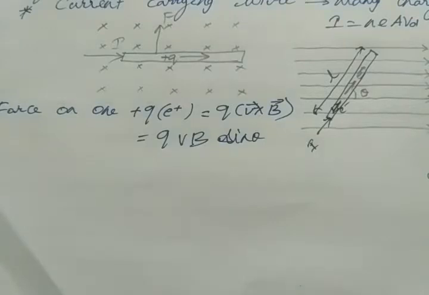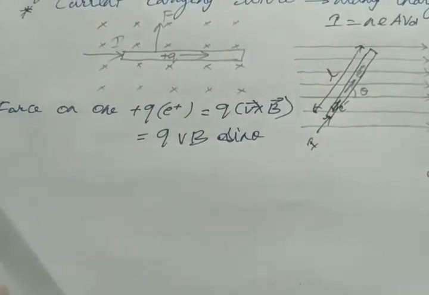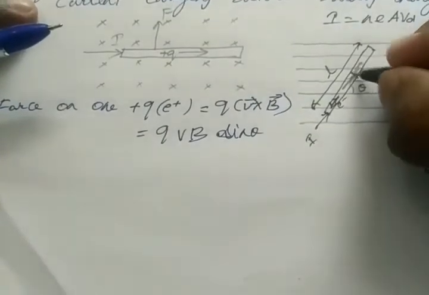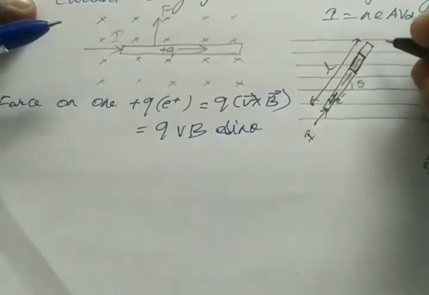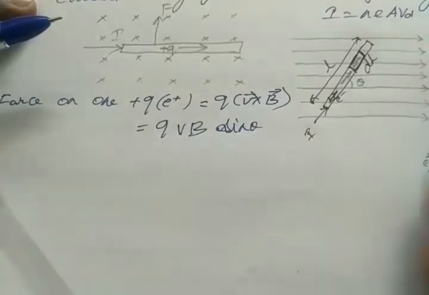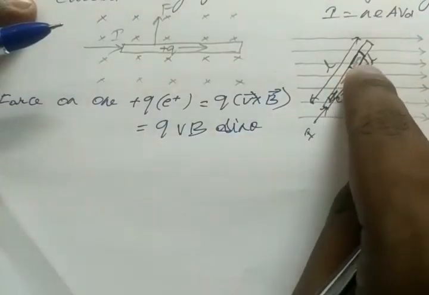So force on all electrons. Here we consider a small region in the conductor. This length is taken as dl, a small length. So we are going to calculate the force acting on the charges present in the small region.